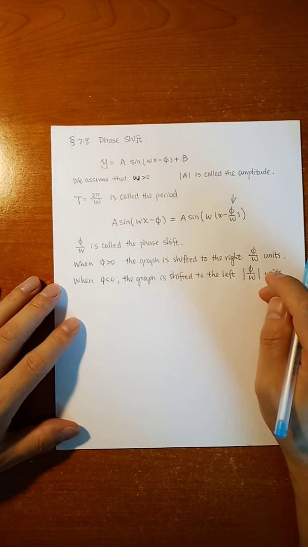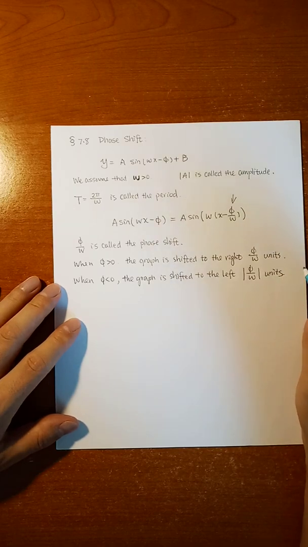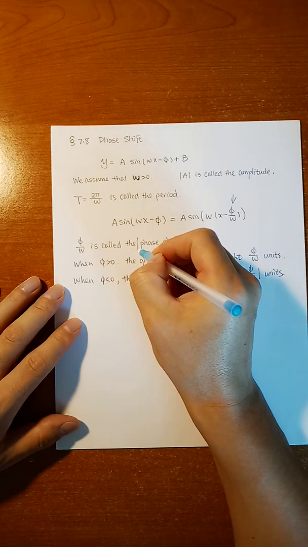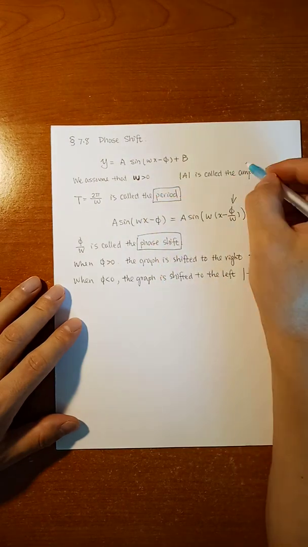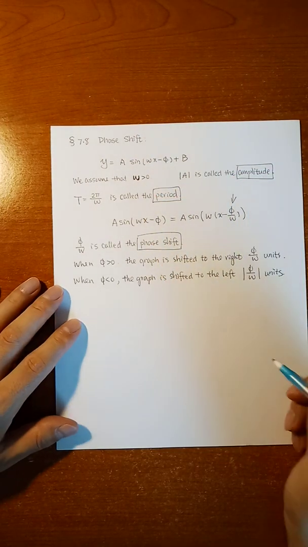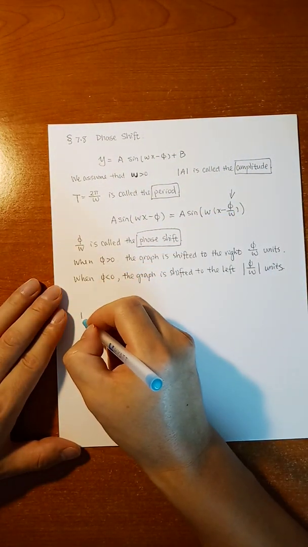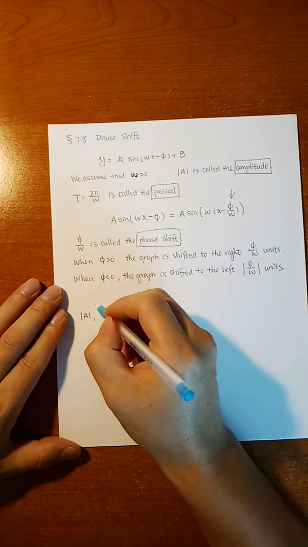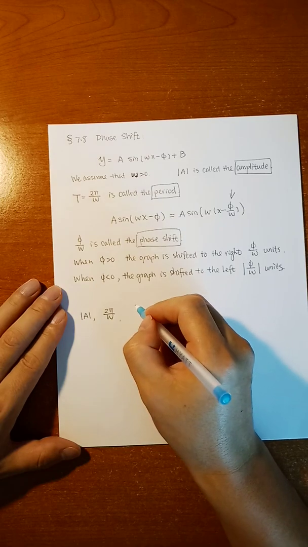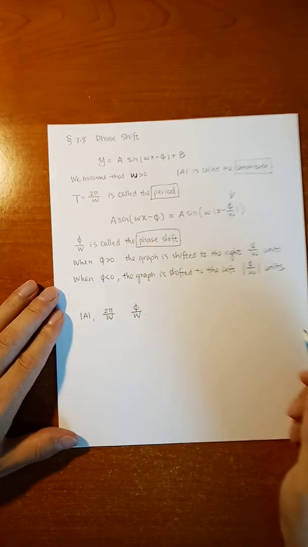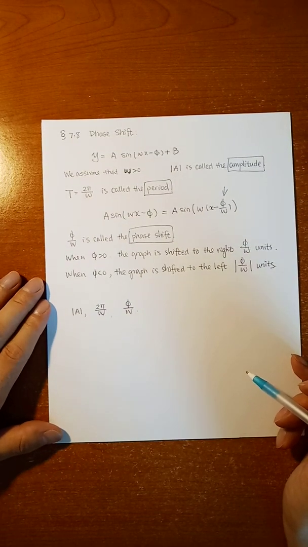So this is the third concept for the sine or cosine function. We have the phase shift, the period, and the amplitude: amplitude is the absolute value of a, period is 2 pi over w, and the phase shift is phi over w. There are three quantities for us to graph the sine or cosine function.